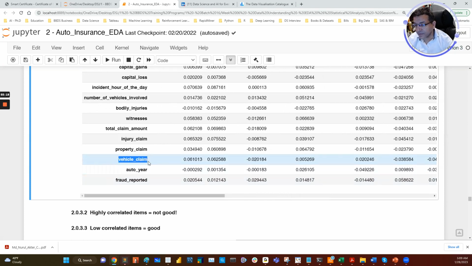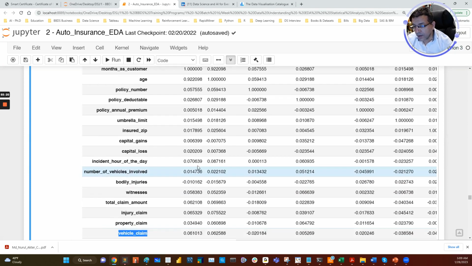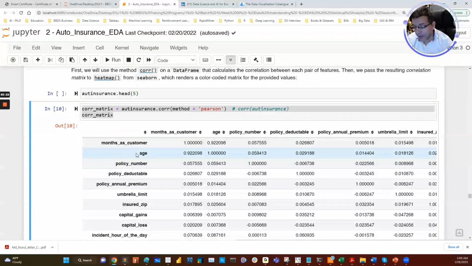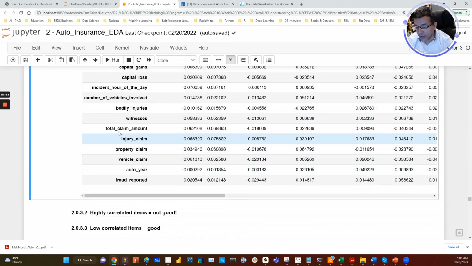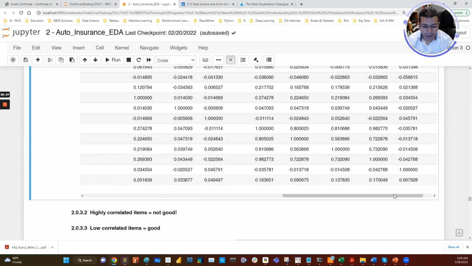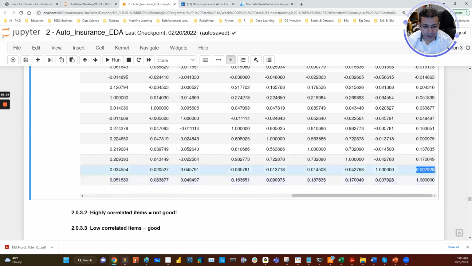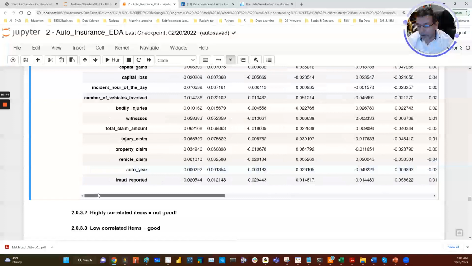So now we are going to remove age after we consult with our expert. We need to remove also the total claim, injury claim, property claim, and we need to remove our year because it has a small correlation with the target variable, and we also need to remove the number of the incident hour of the day.